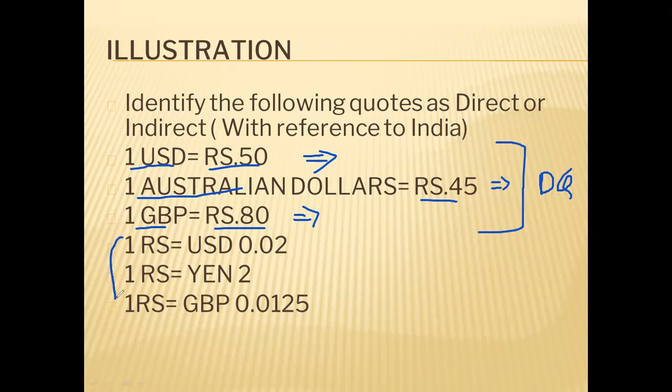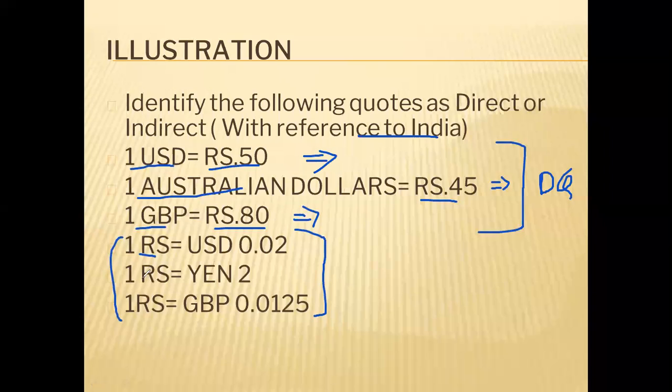In these three examples, from the point of view of India, we are discussing: the left hand side is home currency in all these three cases, and the right hand side is foreign currency. So this quote you can call an indirect quote.